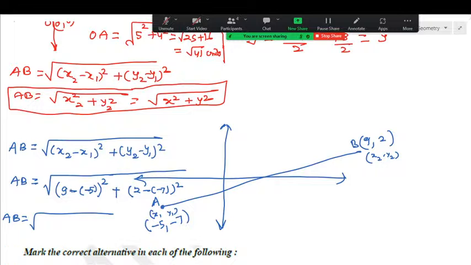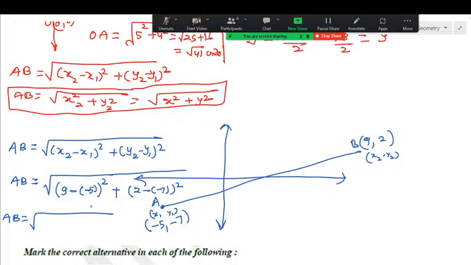What to do to complete this? 9 minus minus... Which question now? This one, you have it in front of you. Are you not able to see the screen? Yeah, I can see.